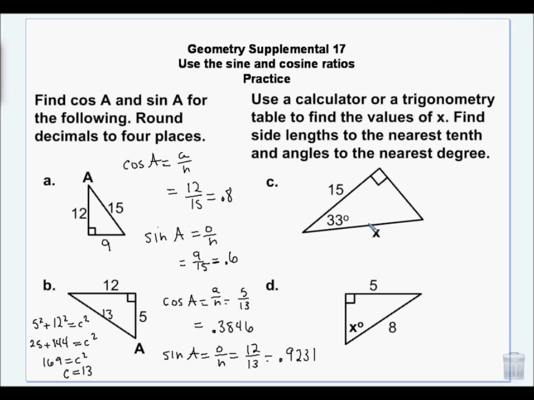Okay, I want to find x. I have this angle here. This is the hypotenuse. This is adjacent, right, to this angle. This would be opposite. Adjacent over hypotenuse is cosine. So I have the cosine of 33 is equal to 15 over x.